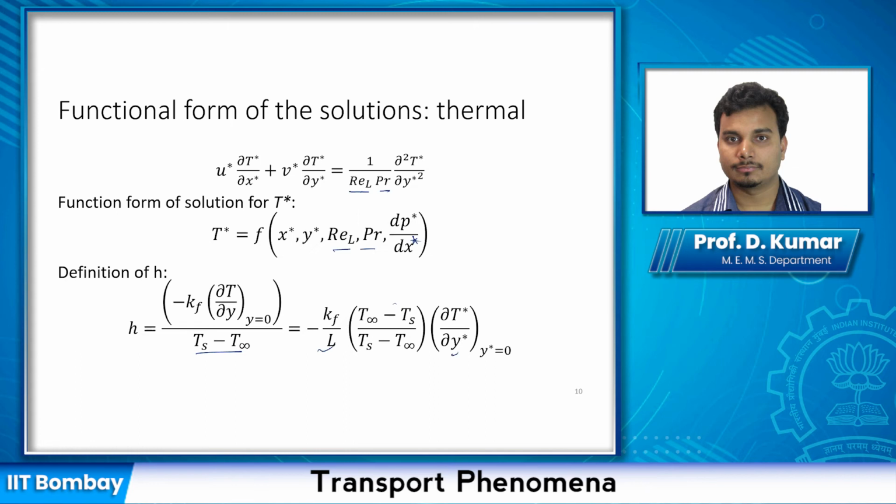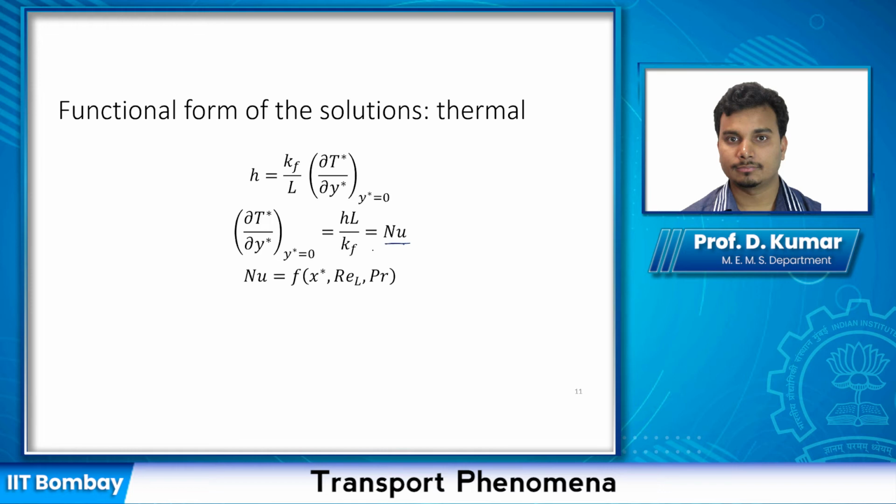So when dP star by dx star is, if the shape is fixed, then this is no longer a variable. You have this x star. Already you are doing the differentiation with respect to y star, so this term goes away. So you have only three things that your Nusselt number will depend on. Okay. Now, if you talk about average Nusselt number, then this x star also goes away. So average Nusselt number only depends on the other two.